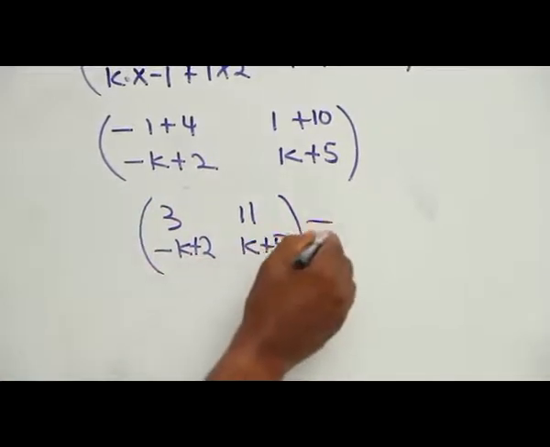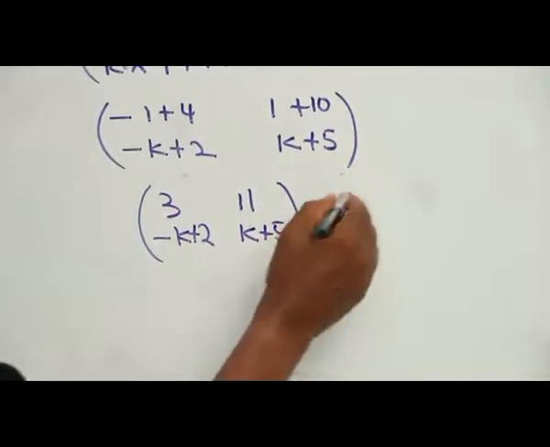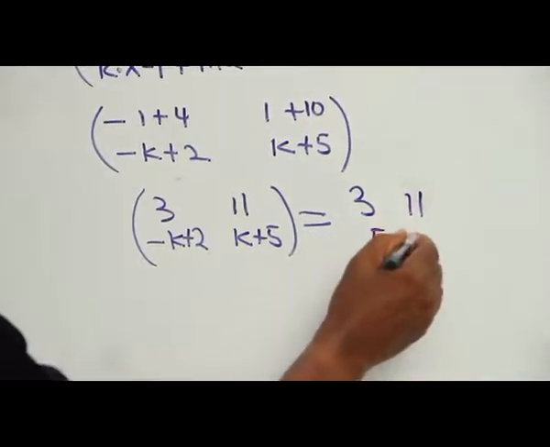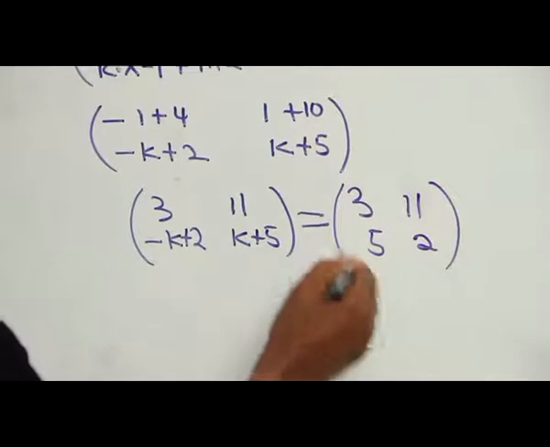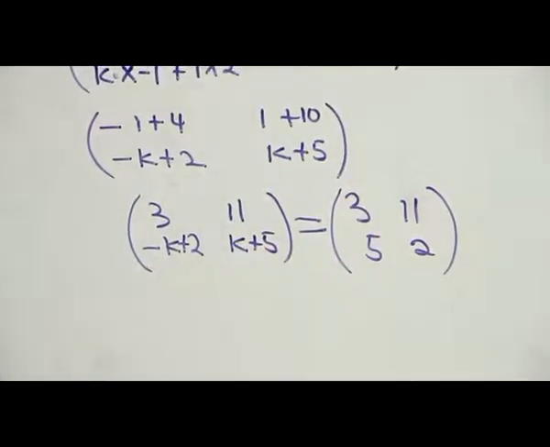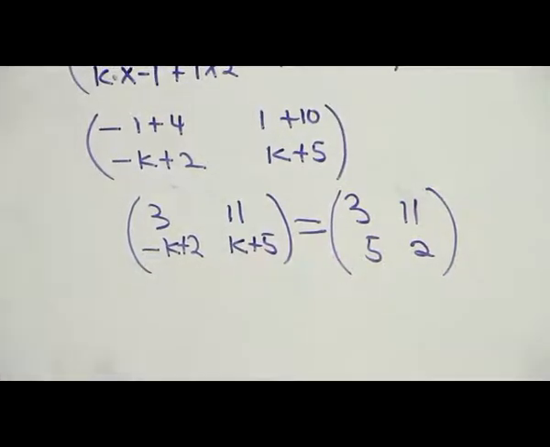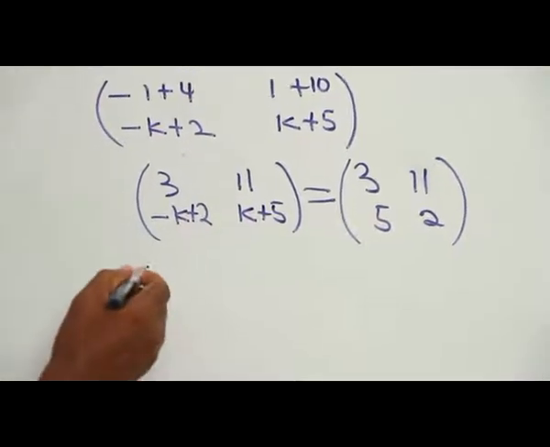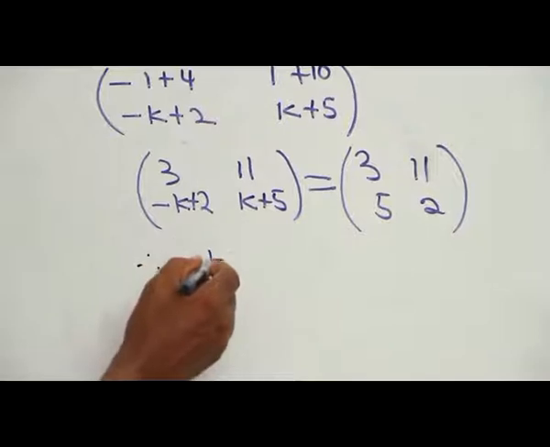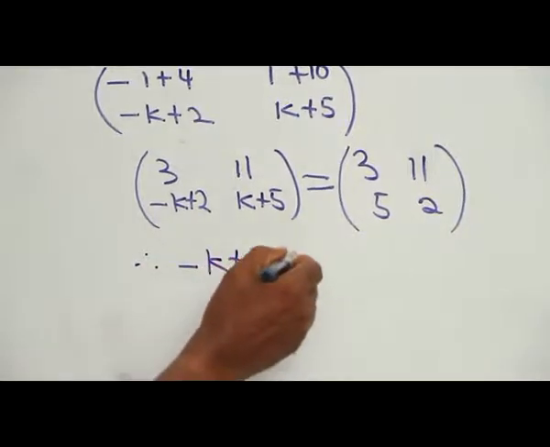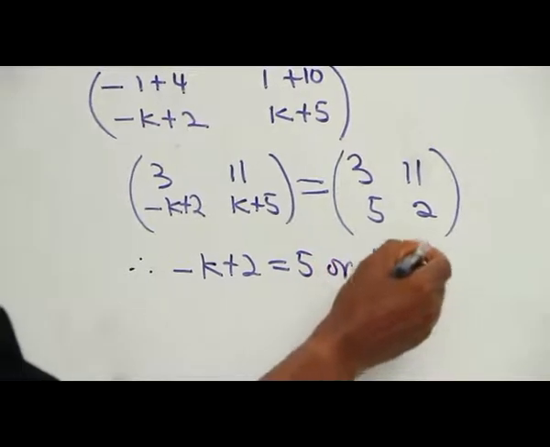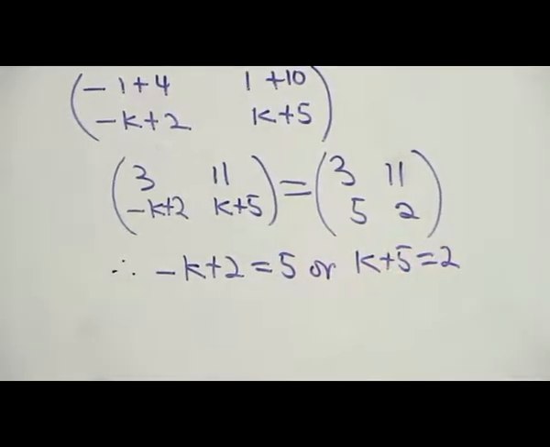This result is equal to 3, 11, 5, 2. Now that we have gotten this, we are required in this question to find the value of K. Therefore, minus K plus 2 is equal to 5, or your K plus 5 is equal to 2.